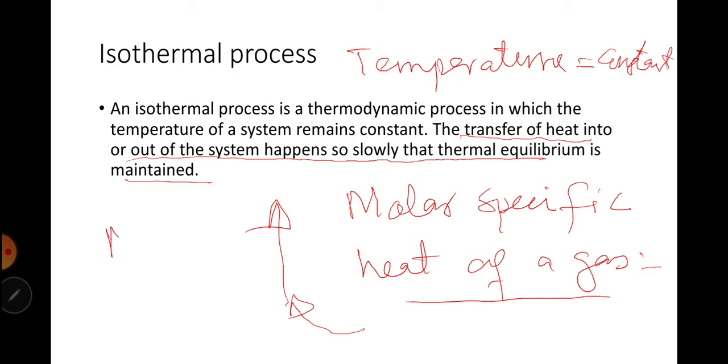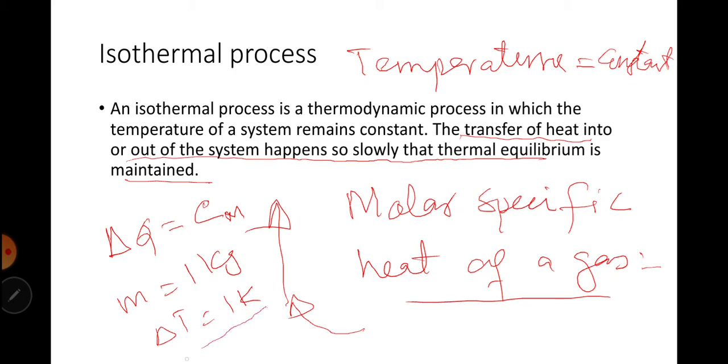For example, if you provide heat and it raises the temperature of a body of mass 1 kilogram through 1 Kelvin, the quantity of heat is called specific heat.